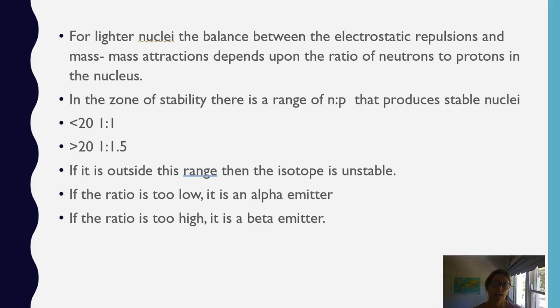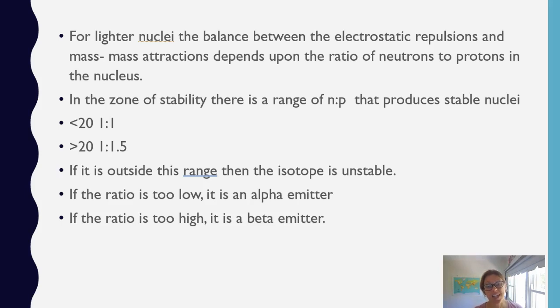So if I actually have, as you will do in the build an atom simulation, 6 protons in for carbon 6 but no neutrons, that nucleus is also unstable. Even though it's a small nucleus, it's still going to have that 1-to-1 balance. So we tend to have about 6 neutrons in there as well.